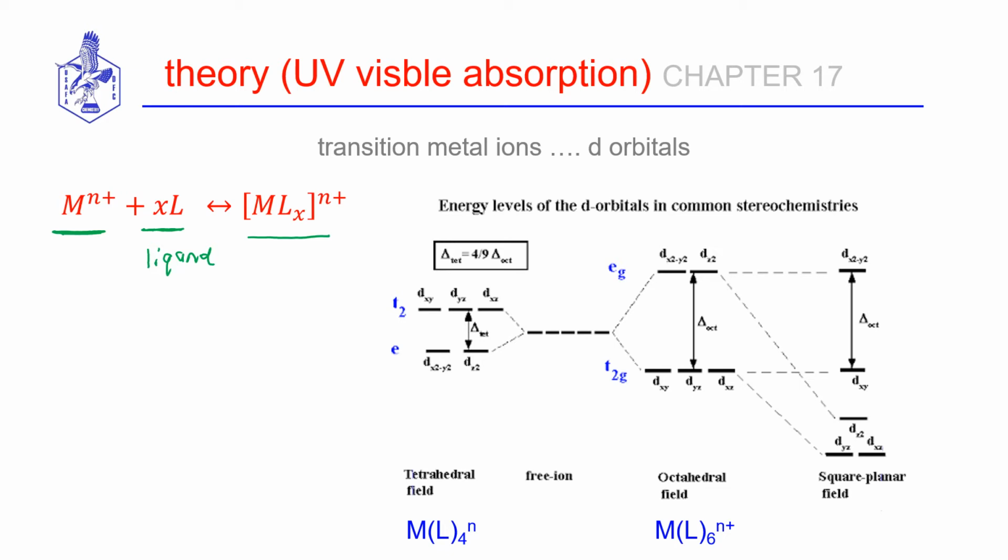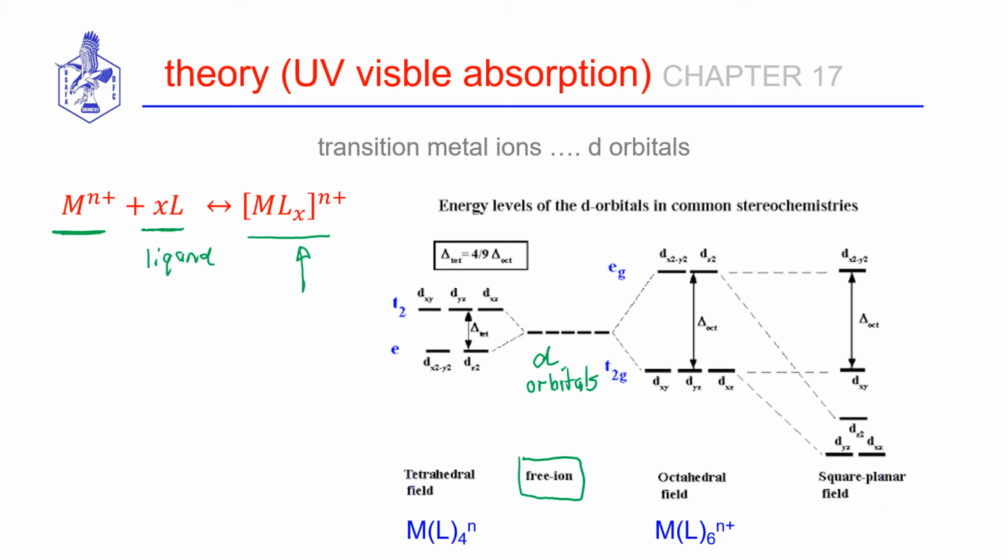So if we start with the free metal ion before we complex it, those d orbitals all have the same energy. But if we bond the metal ion to a ligand, okay, we are going to split out the d orbital energies into different energetic levels.